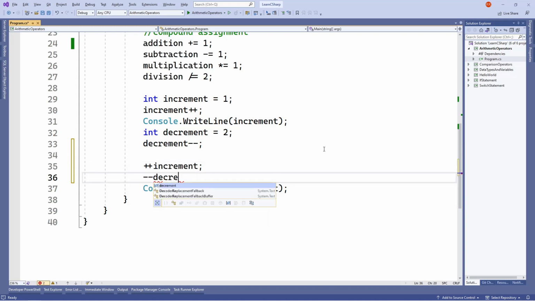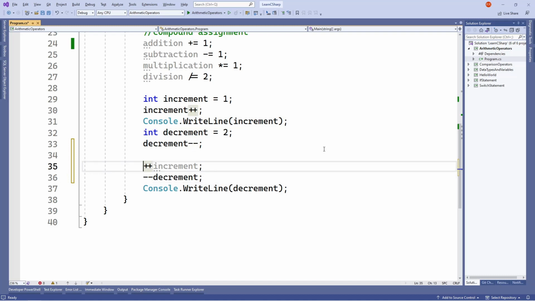Okay, it could get confusing as to why we would use this one, the prefix. There are several explanations as to why you would use this, but if we visit the documentation on the Microsoft site, this would behave differently, say, if you're passing this as parameters in your methods.